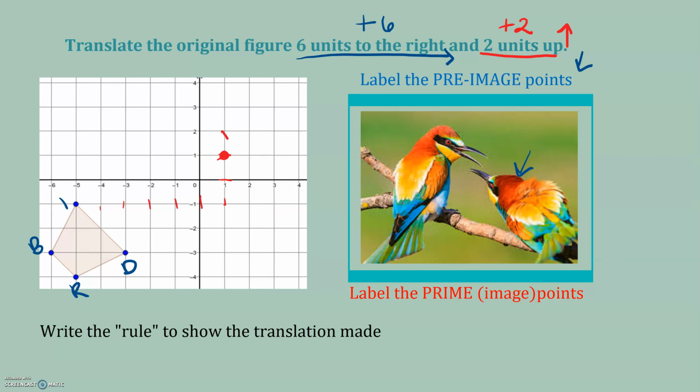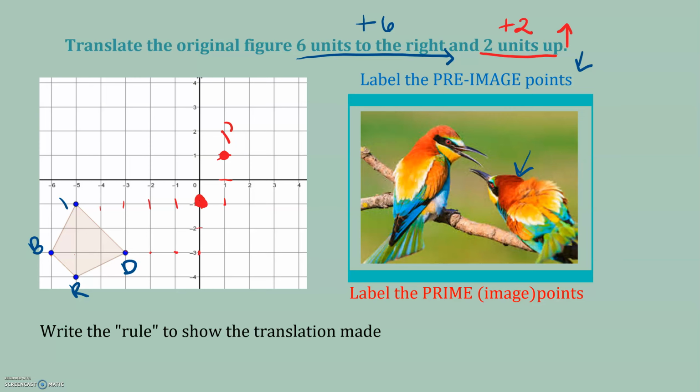So I will label it as I prime. Remember that the apostrophe means prime. Well, I have 3 more points, so I'm going to count again and do the exact same thing. From B, counting 6. 1, 2, 3, 4, 5, 6, and up 2. 1, 2.